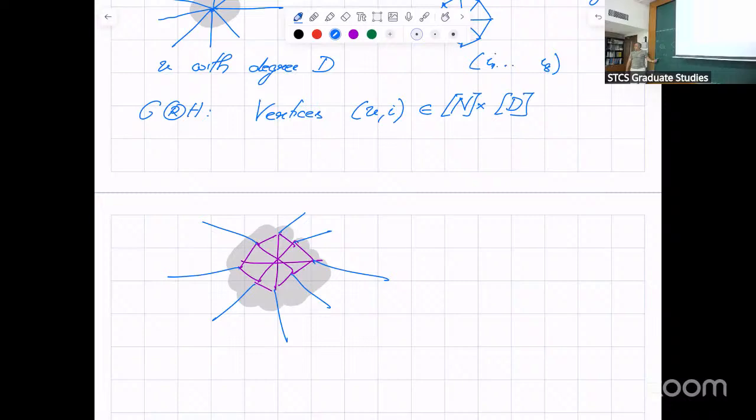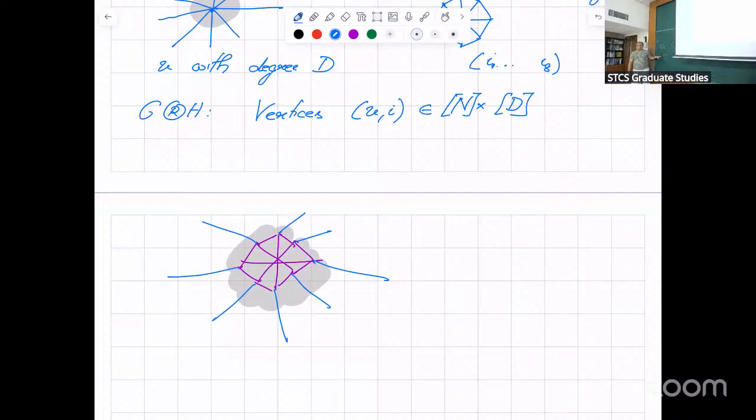We are going to add that edge. That edge is going to go from this cloud to that cloud. Those are cloud to cloud edges, and these are within the cloud.